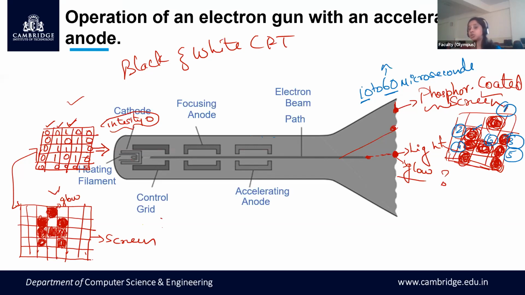Then what is the solution for this? Can anyone think and tell me what might be the solution? How will I make the glow retain for a long time? Forget about better quality phosphor. The best quality is 60 microseconds only. Beyond that, I can't do. What can be the other technique?